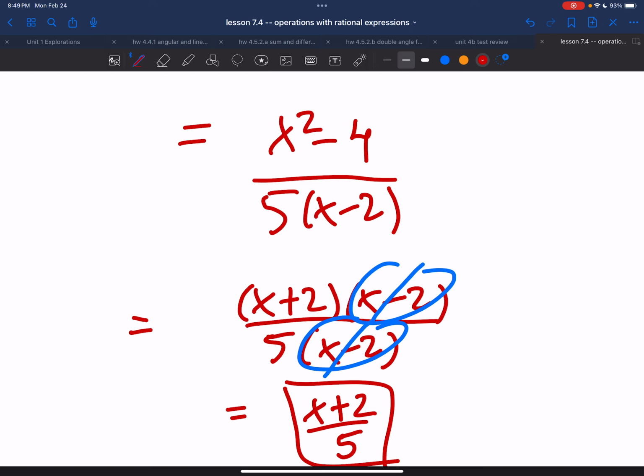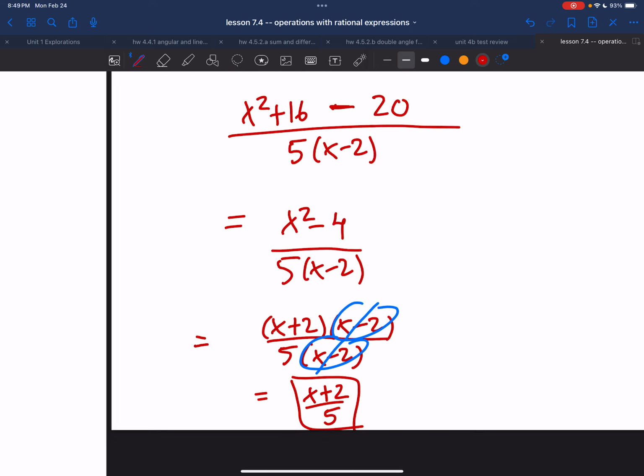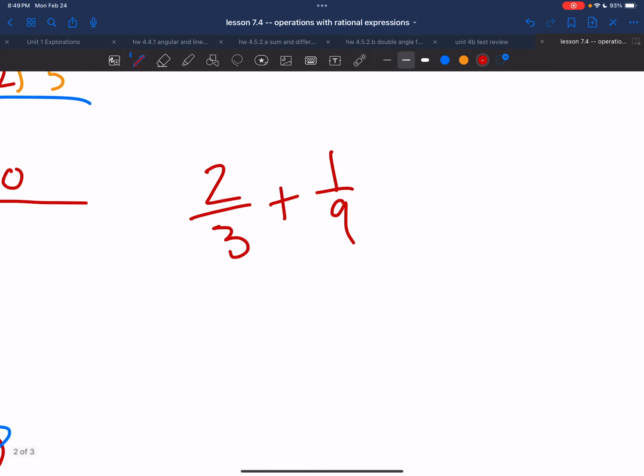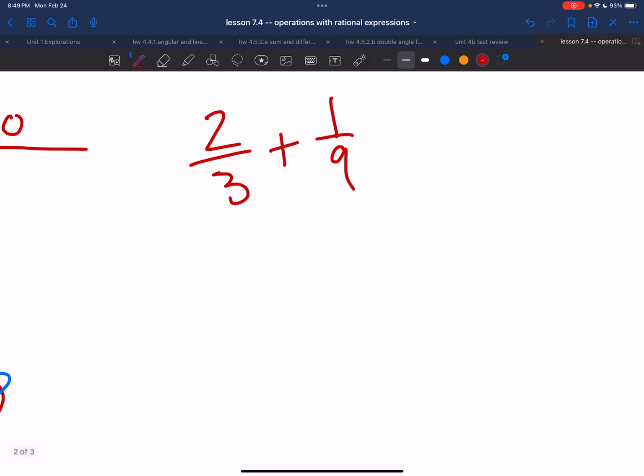Okay? Now, I find when I teach this, a good number of students ask, why didn't this one change again? Like, I see the 5, I guess, but why didn't this one change? And I'd say, look, it's just like adding 2/3 plus 1/9, right? What's the least common denominator between 3 and 9?